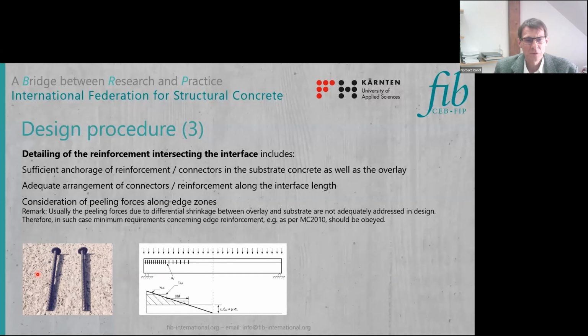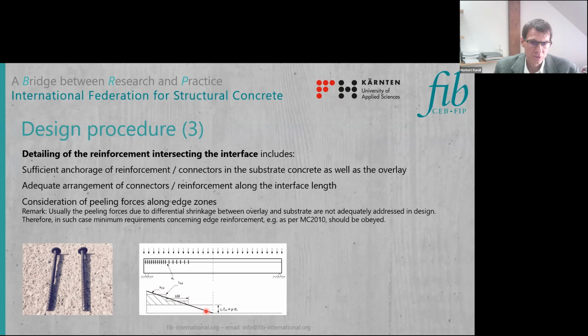If reinforcement is required, it makes sense to consider a minimum amount of reinforcement, because otherwise, when overcoming aggregate interlocking effects, the reinforcement will just shear off and fail.